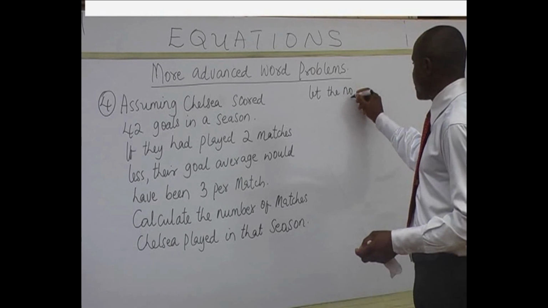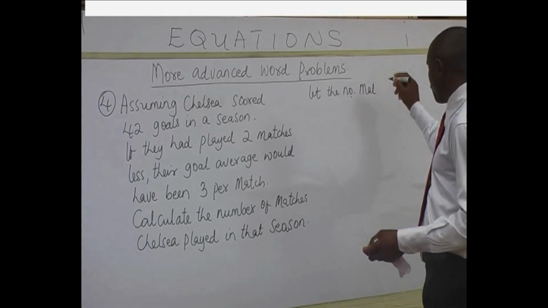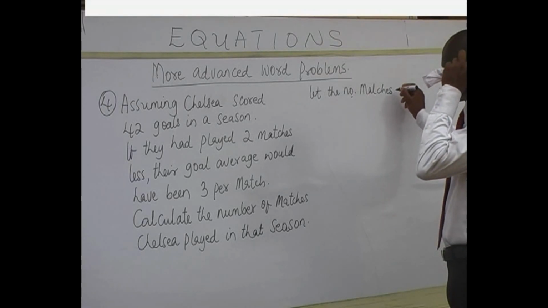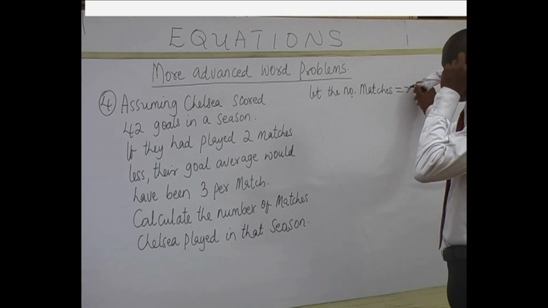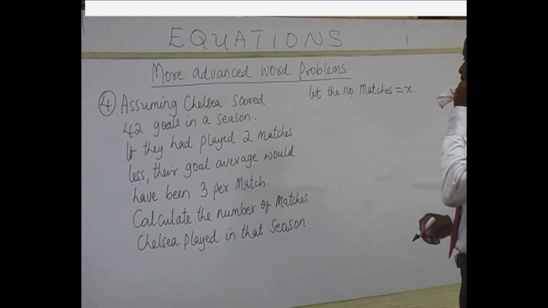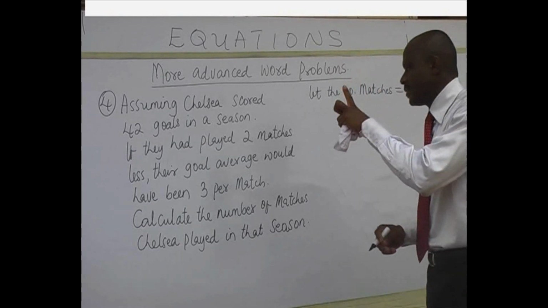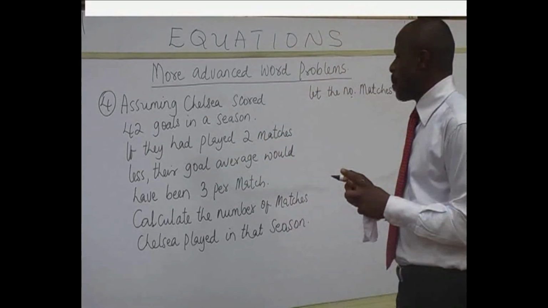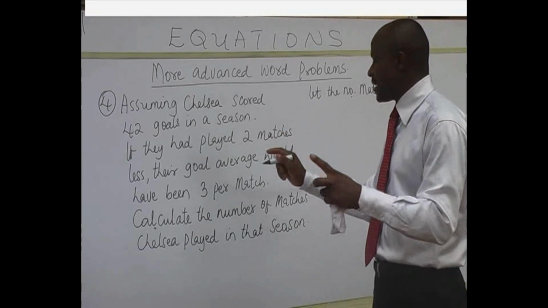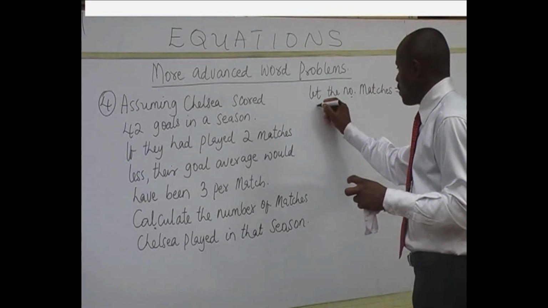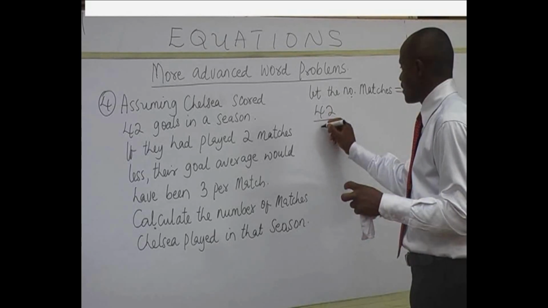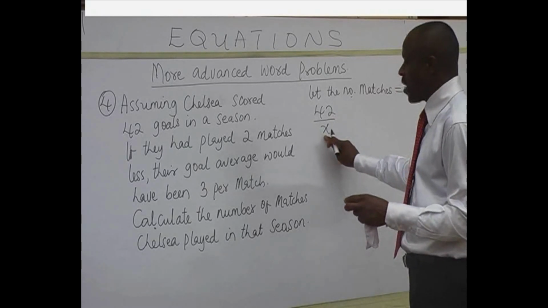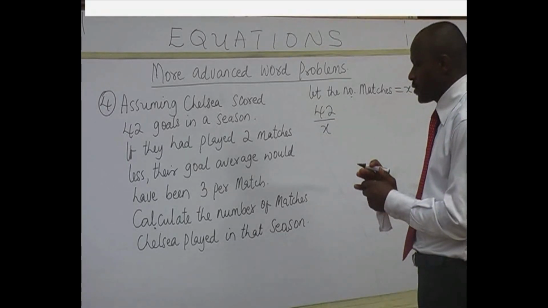Let the number of matches Chelsea played be represented by X. So in one season, they scored 42 goals, assuming. 42 all over X, the number of goals they scored divided by the number of matches they played, would give you the average score.